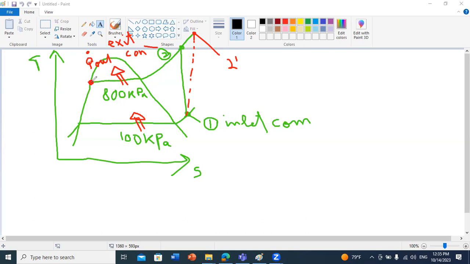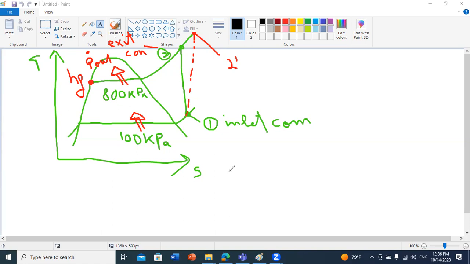Since they said it's a saturated liquid, we just have to go to our table of saturated 134A and check for 800 kilopascal or 8 bar, what is the value of HF. So we just have to check for HF at this pressure.